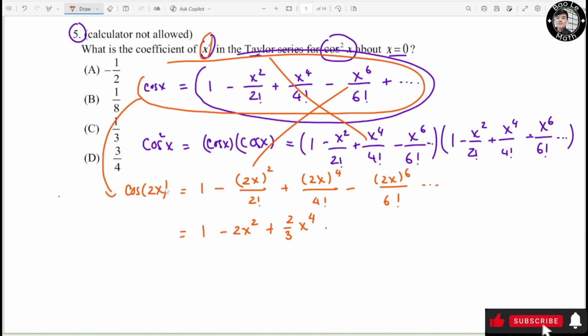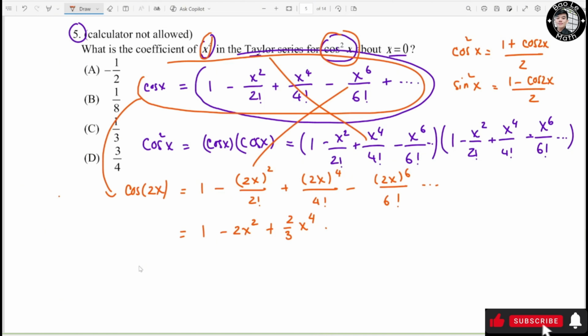But this is cosine 2s, and we need cosine squared of s. Now remember, cosine squared of s equals 1 plus cosine 2s over 2. Also, sine squared of s equals 1 minus cosine 2s over 2.